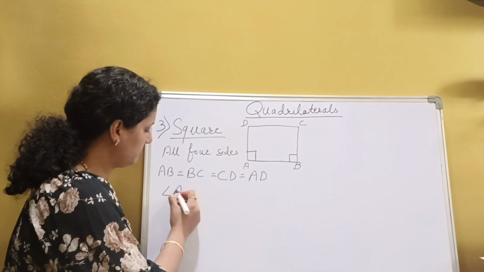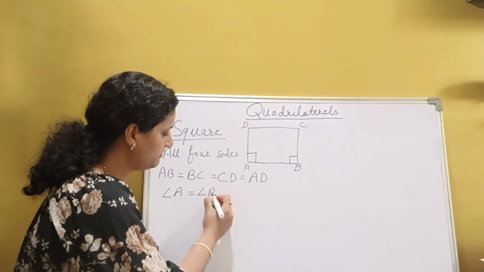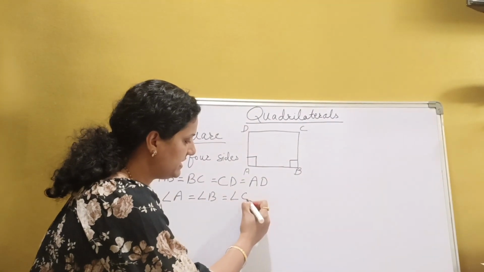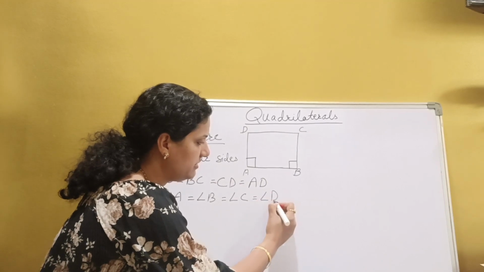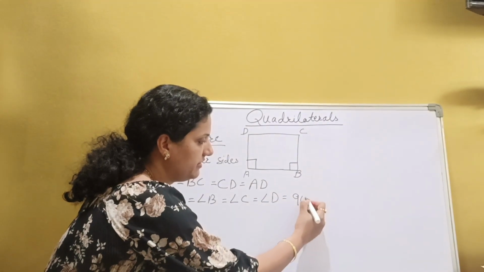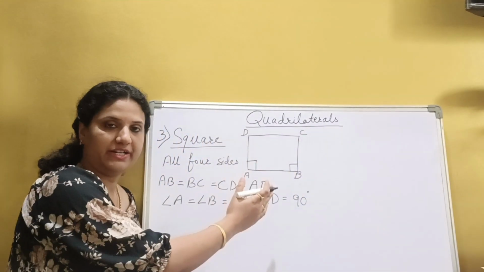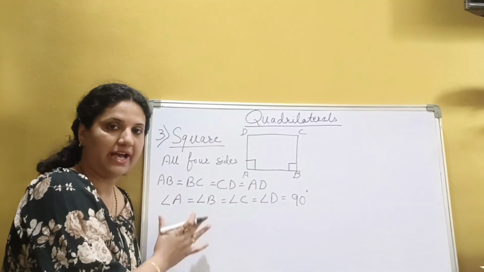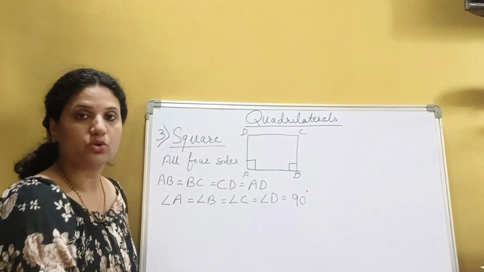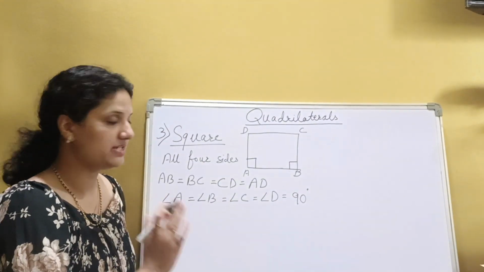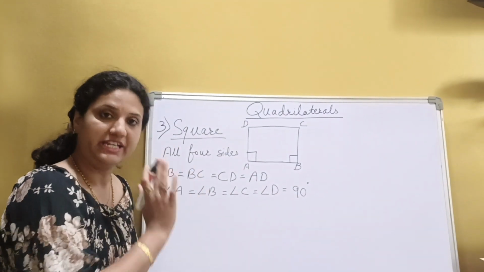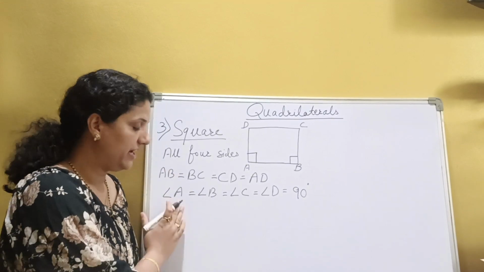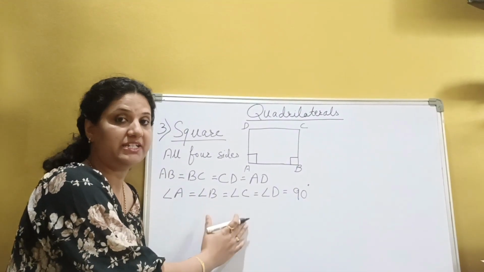Angle A, angle B, angle C and angle D are equal to 90 degrees. If a quadrilateral satisfies these properties, then it is called a square. So remember this thing, all the sides are equal of same measure and all the angles are making 90 degrees.